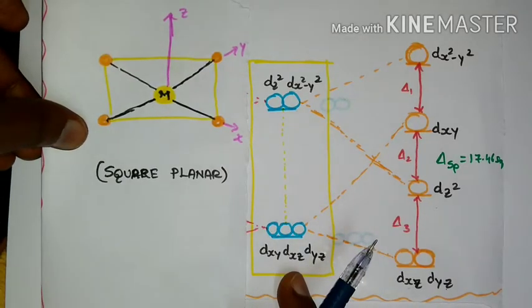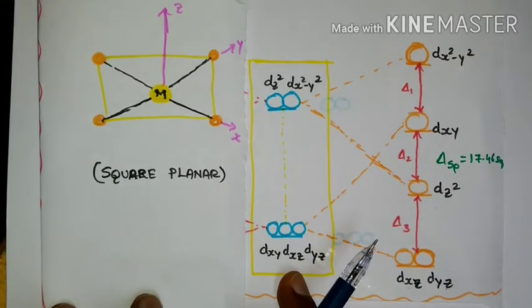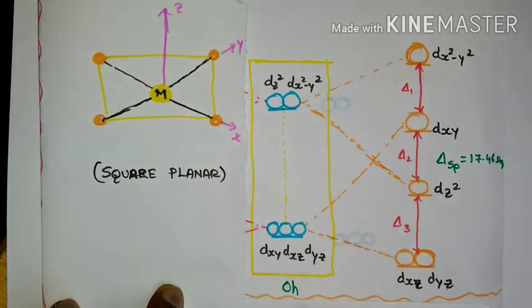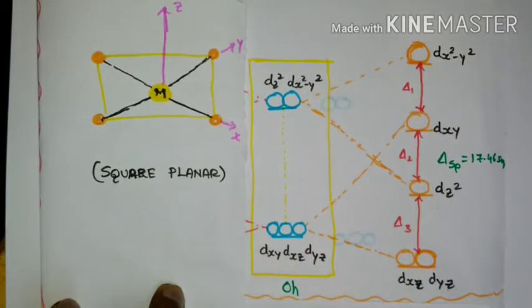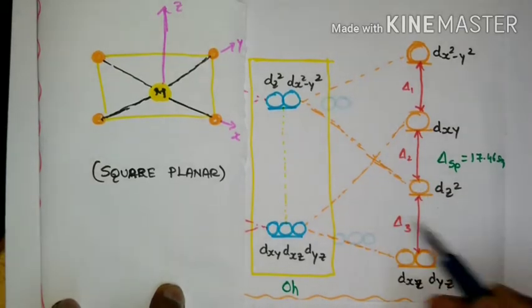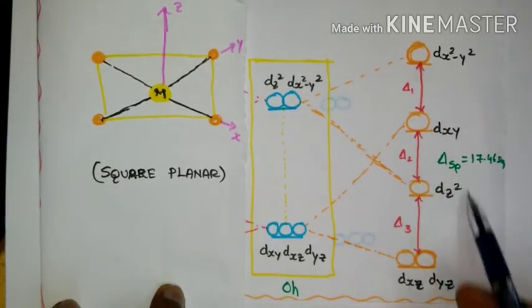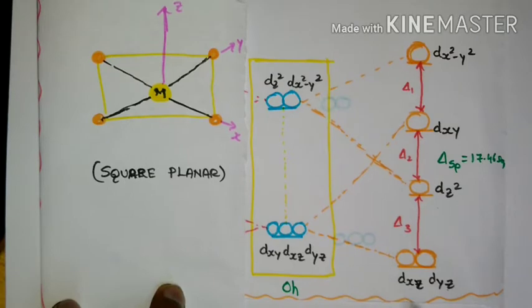If we come to square planar geometry, here also we can have octahedral geometry as the reference point. But here there is no ligand along the z-axis. So the energy of the orbitals containing the z component will decrease. That is dz square, dxz, dyz.